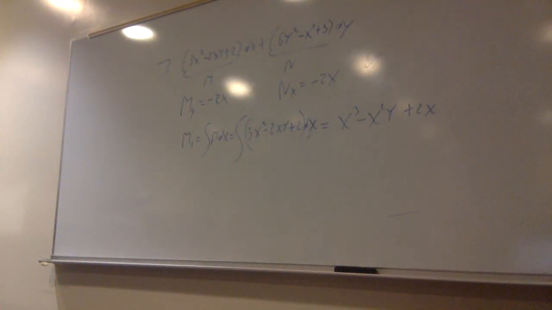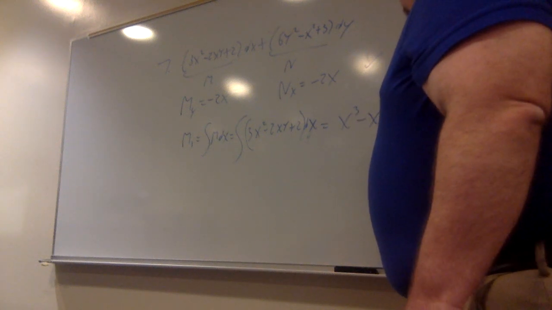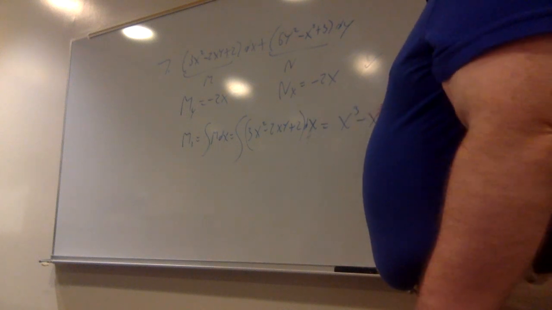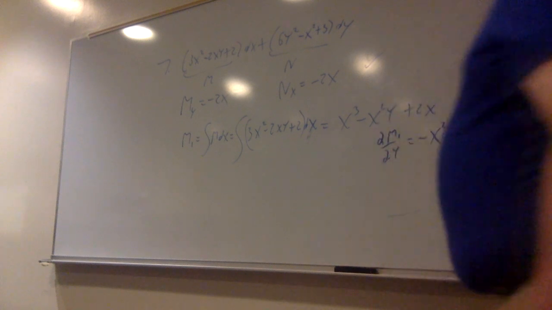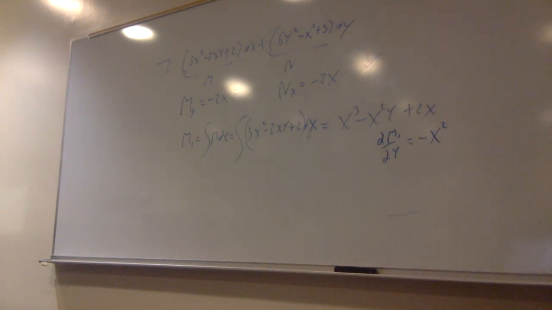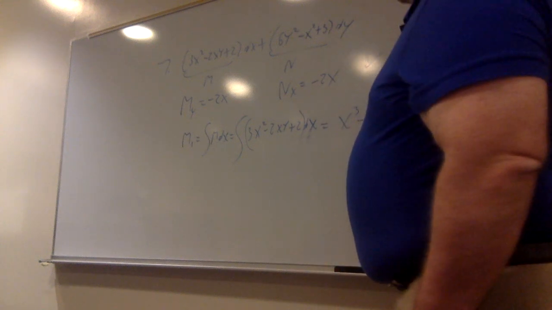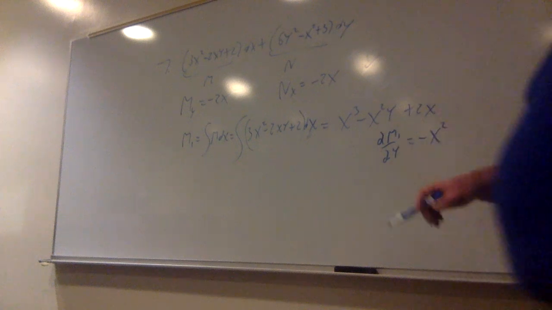When you take the derivative of this with respect to y, all the terms are ignored except for this one, minus x squared y, so you just get minus x squared. But then you would take this minus this and you integrate that with respect to y. Notice you have minus x squared in both, so they cancel.